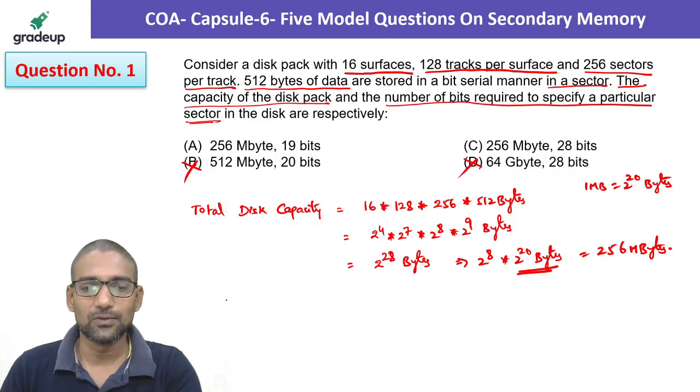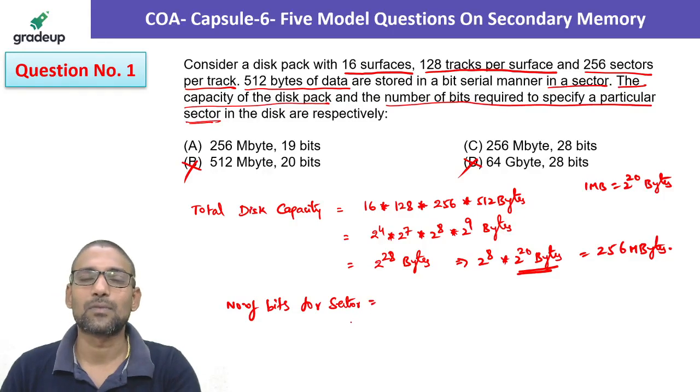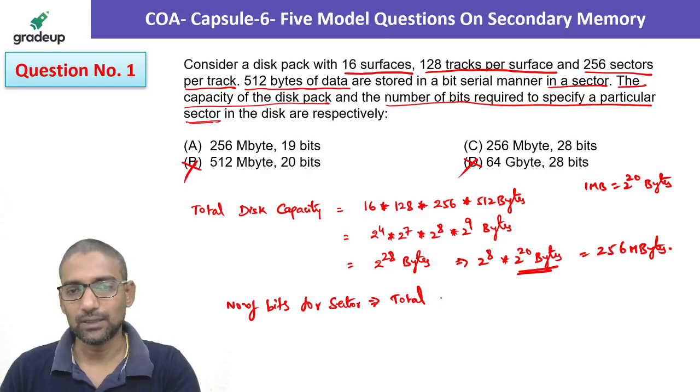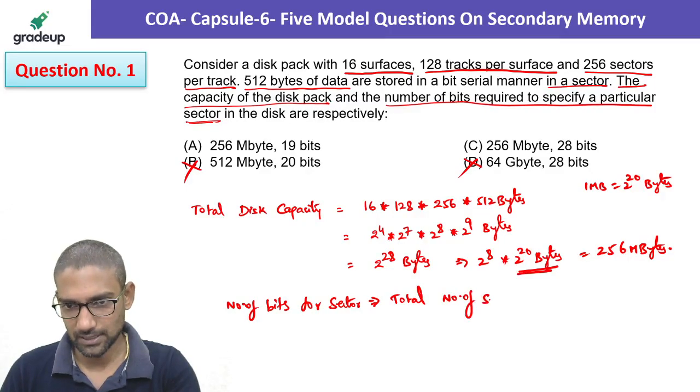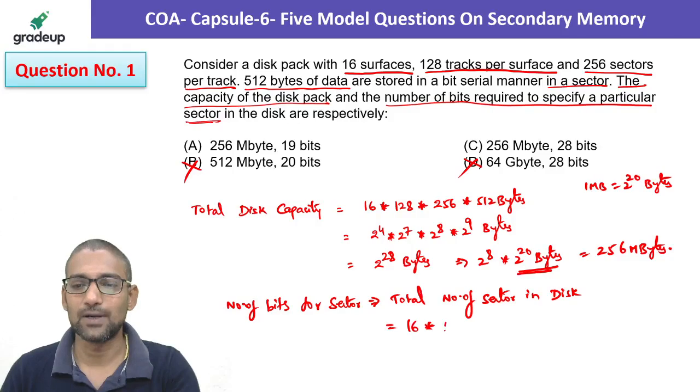Now, we want the number of bits to identify each sector. To identify this, first we require the total number of sectors in the hard disk. How do you get this? There are 16 surfaces, on every surface 128 tracks, on every track 256 sectors.